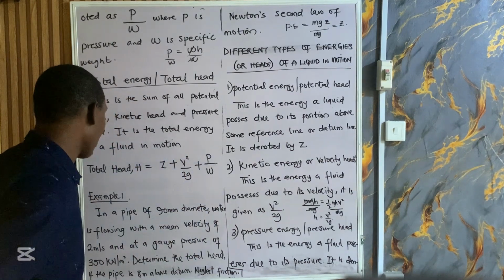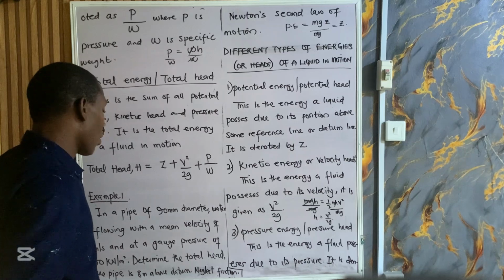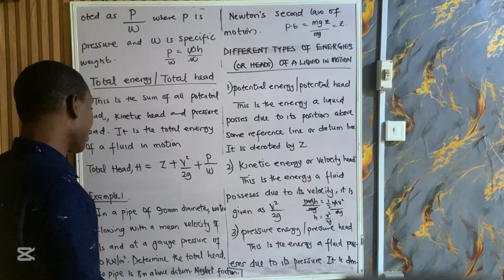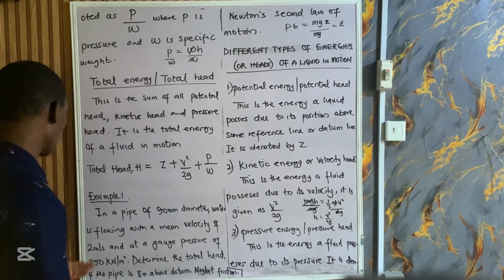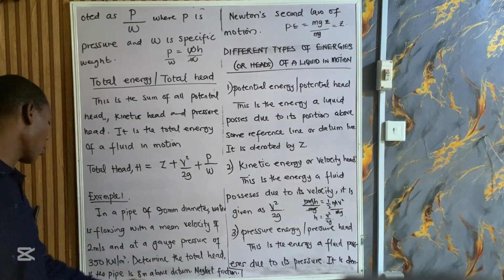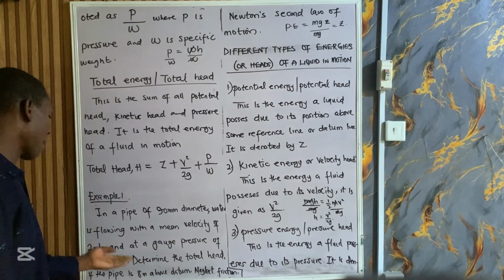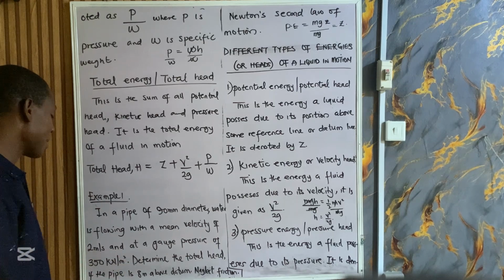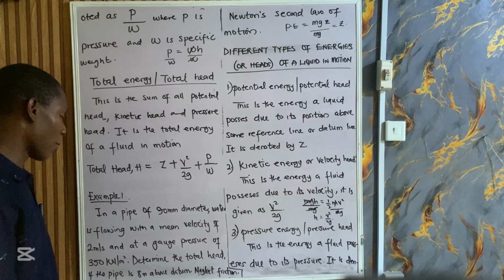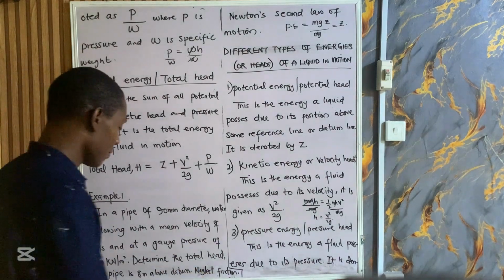Let's take this question now. Example 1. In a pipe of 90 millimeter diameter, water is flowing with a mean velocity of 2 meters per second at a gauge pressure of 350 kilonewton per meter square. Determine the total head if the pipe is 8 meters above datum. Neglect friction.